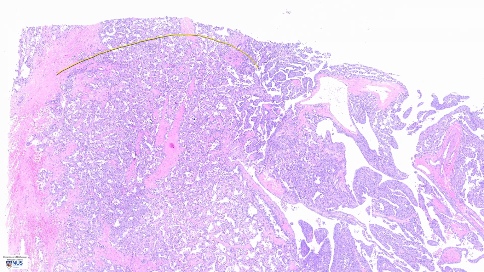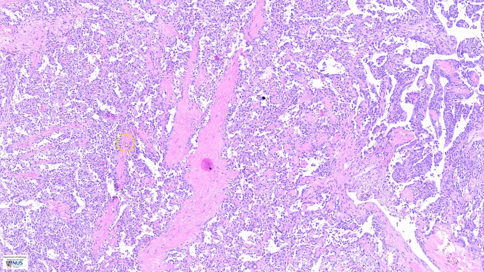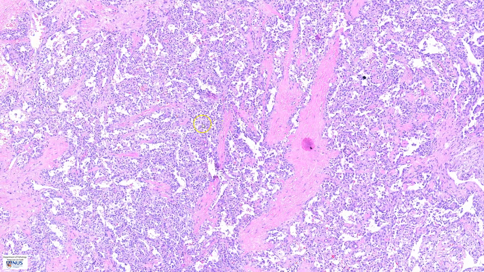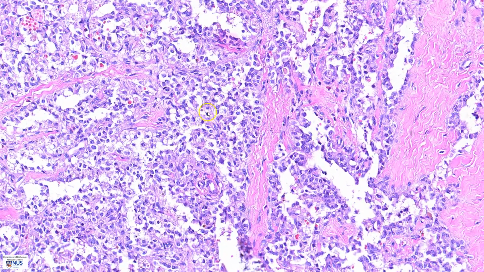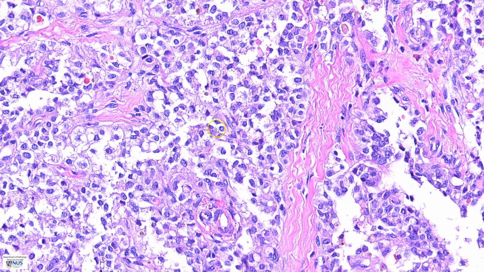Let's first have a look at this more solid area, and we can see that the lesional cells are actually arranged in these very loose islands or nests with some fibrous stroma in between the nests. The cells are polygonal in shape and they contain rounded to oval-shaped nuclei.